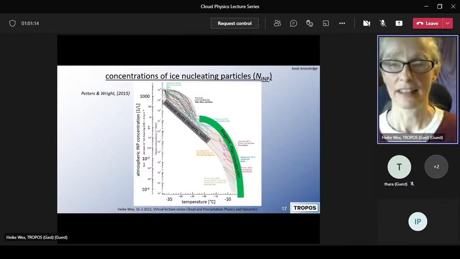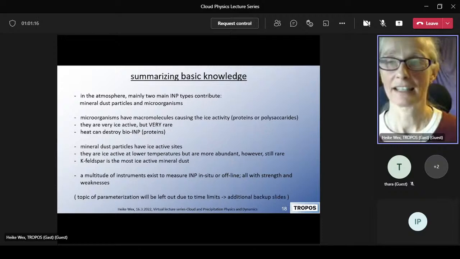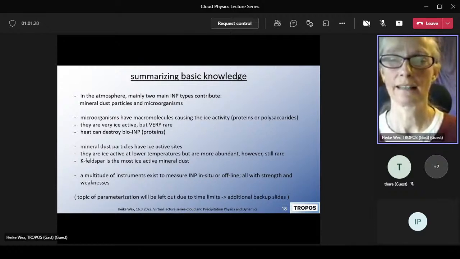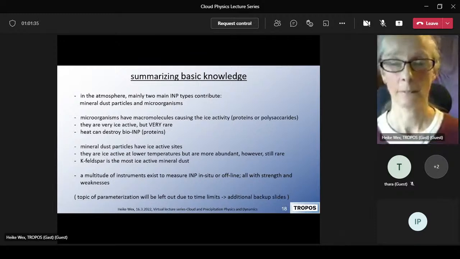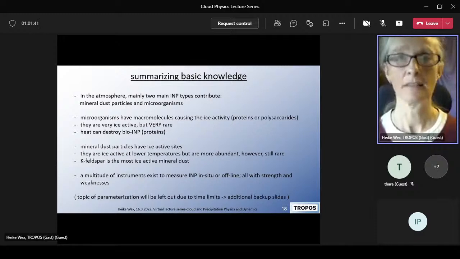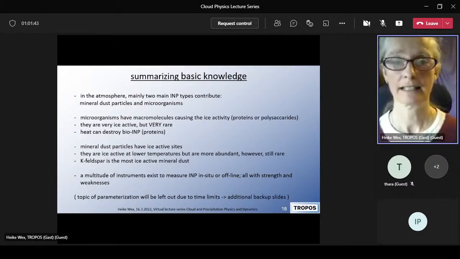And so with that, I come to an end of that summary section, on a bit more INP information. I want you to remember from that that in the atmosphere, mainly two main INP types contribute, which are mineral dust particles and microorganisms. Microorganisms have macromolecules which cause the ice activity, and they can be proteins or polysaccharides.